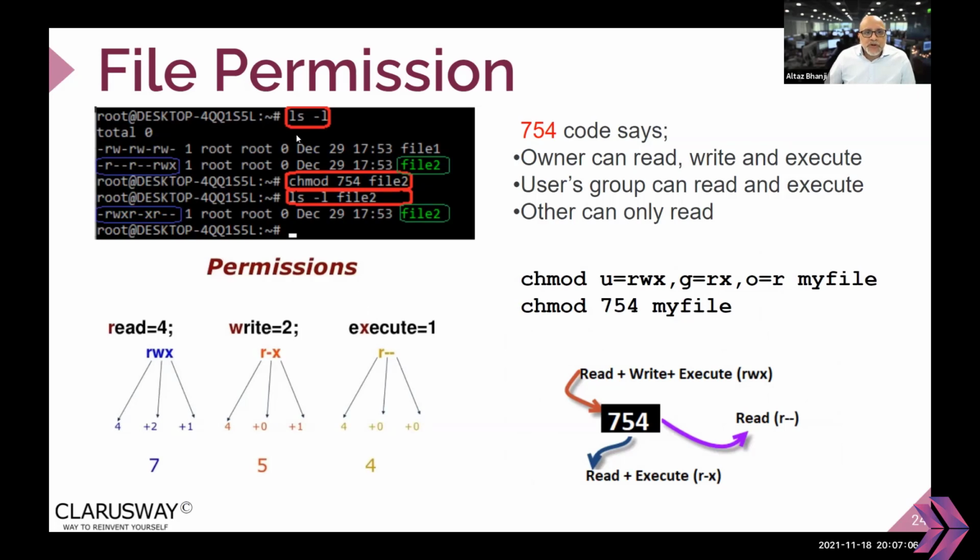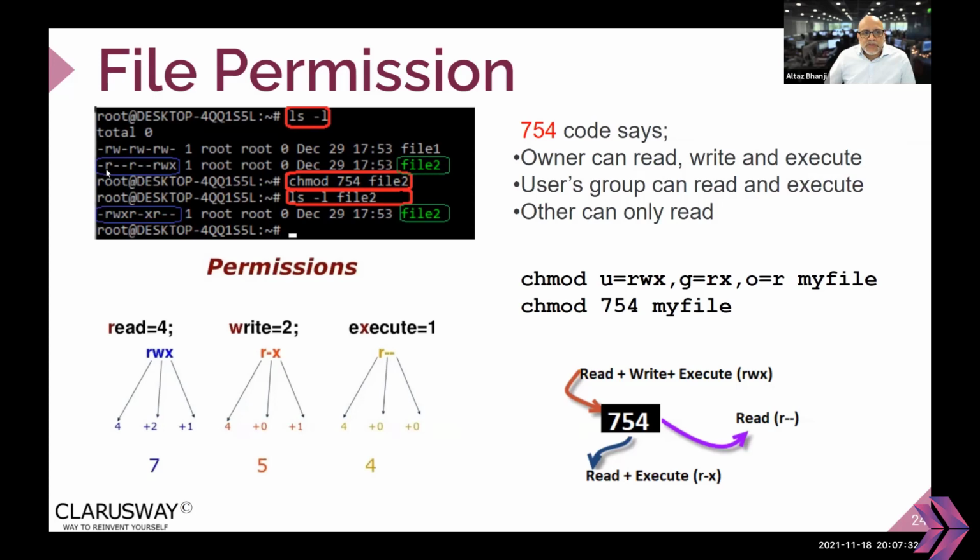So just to show you an example here, and we're going to go through a full exercise in just a minute. In this case, you can see that this user has typed ls -l. And for this file, file 2, they've changed the permission to 754.